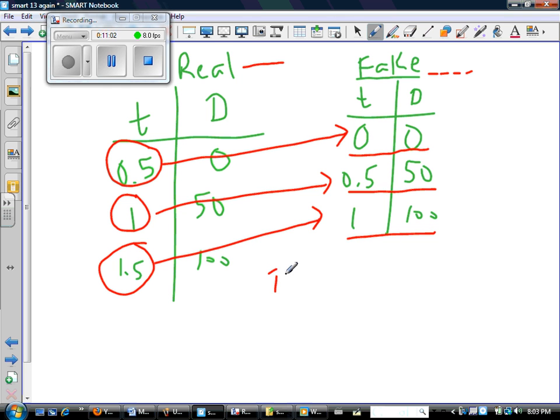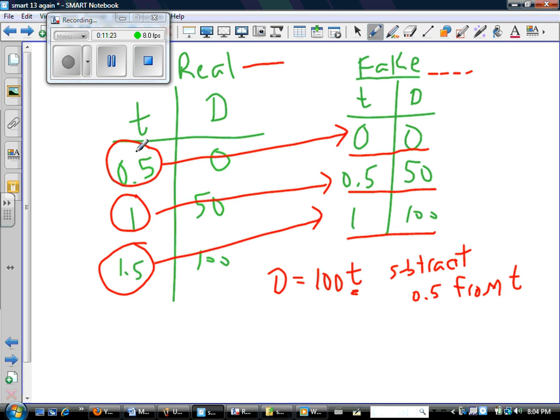So this fake line, which is easy to understand, I can use if I subtract a half hour from time.